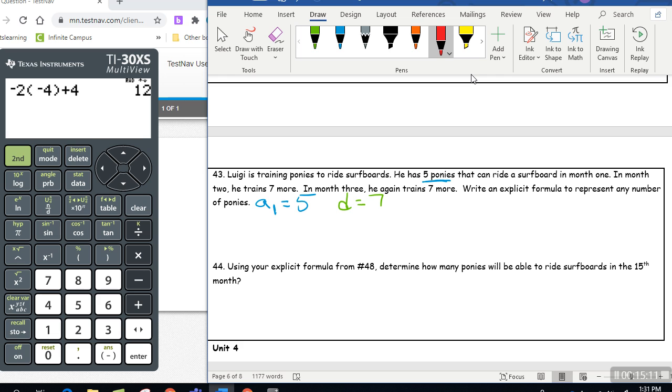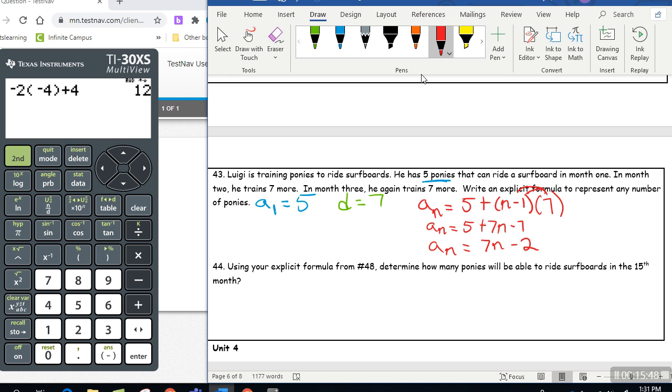So from there, we've got a sub n equals 5 plus n minus 1 times d, which is 7. And so we'll simplify. And so your formula for ponies riding a surfboard would be 7n minus 2.